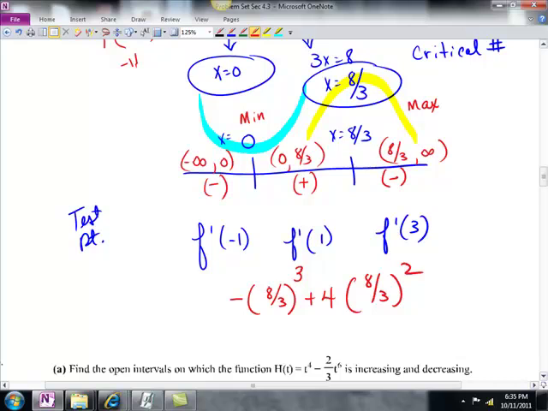Every time I put that in the calculator, I get a positive, not a negative. I don't know what I'm doing wrong.